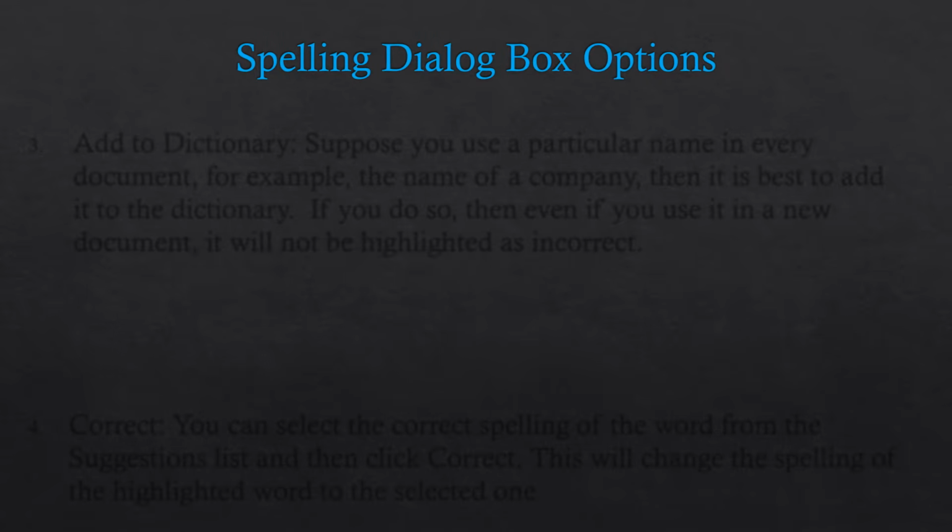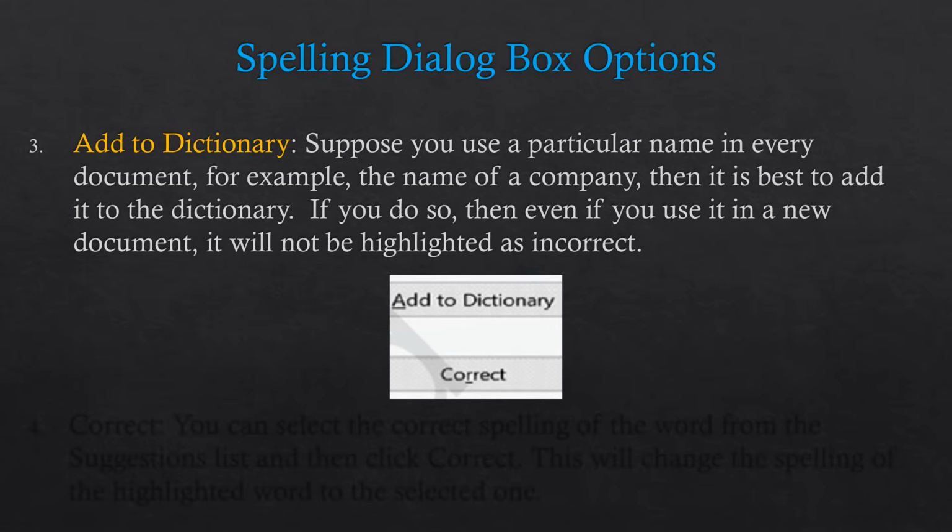Now suppose that you have written a name in a document many times and, for not displaying an error, you have chosen the option ignore all. Then you have selected this option only for this document but not for other documents.